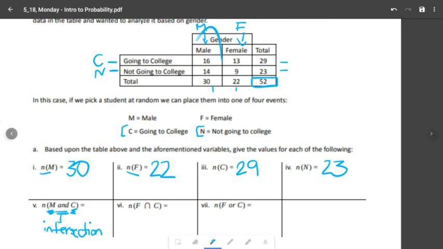So we're looking at male and going to college. So the intersection where they overlap is right here, and it is the number 16. So there are 16 students who are male and going to college.